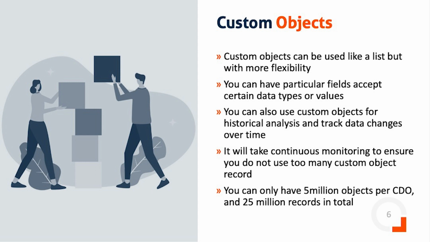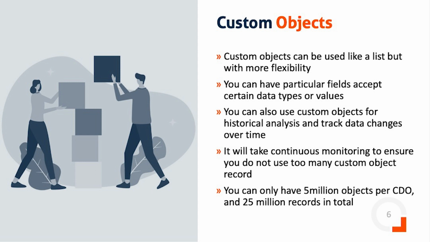But in addition to that, you also have the potential for using a custom object for a historical analysis. So if you know how to set up custom objects, you know that they support a many-to-one relationship in addition to a one-to-one. So you could use it to track a change in something over time.